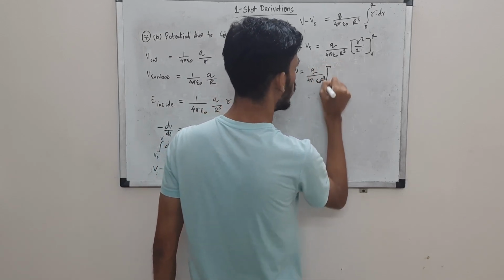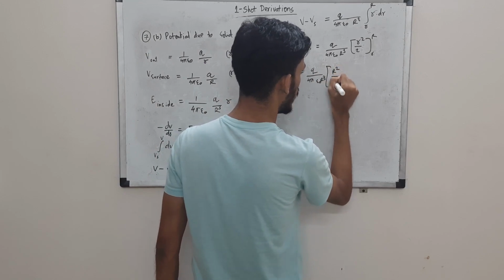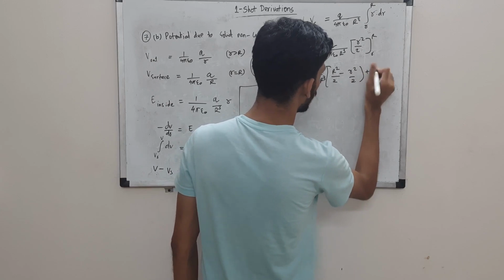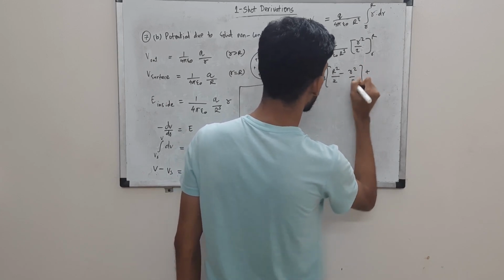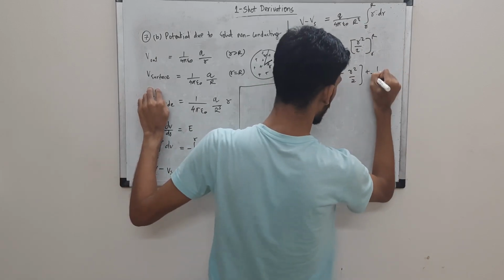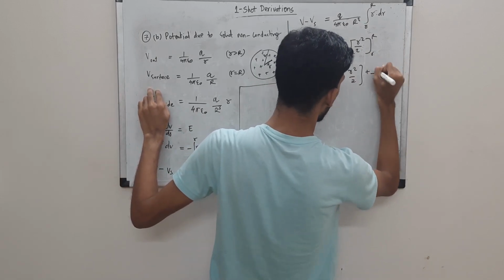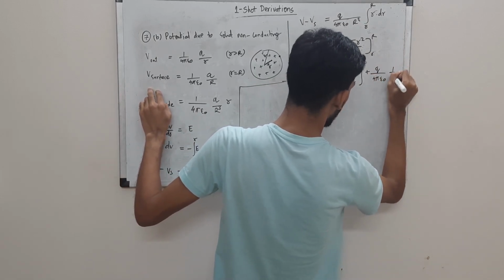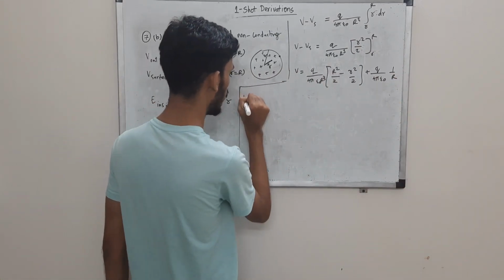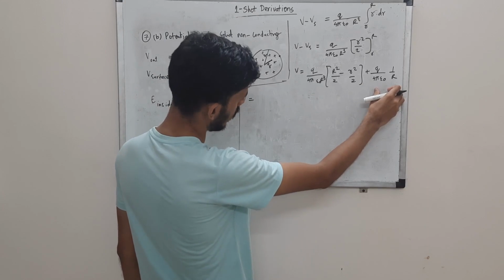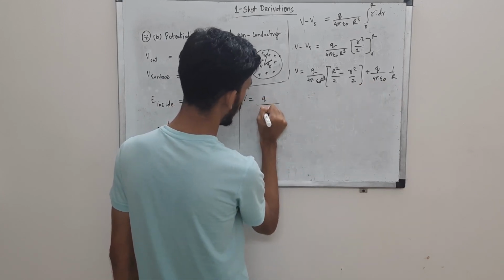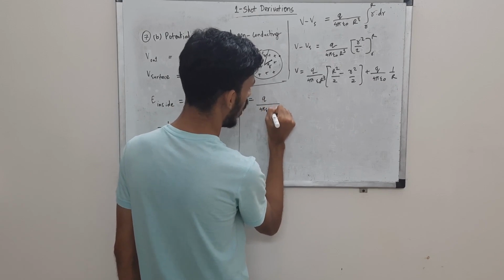So we have q upon 4πε₀R cube times (capital R square by 2 minus small r square by 2) plus Vs, which is the potential at the surface. Take this to the other side, so we have 1/4πε₀ times q by R. Now we'll take this whole thing common, so we'll have q upon 4πε₀R in common.